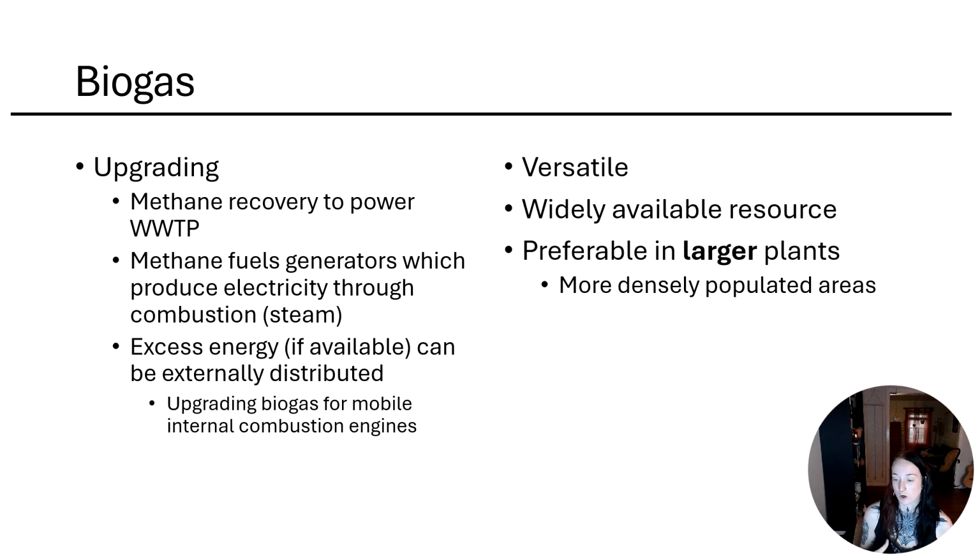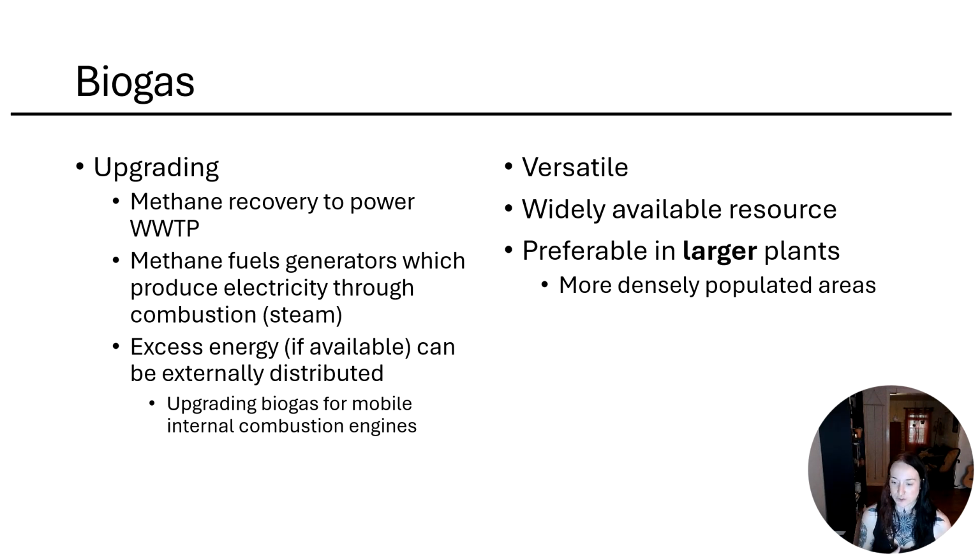So depending on what you want to use the biogas for, it may need to go through upgrading, which is just taking that mixture that you have of gases, that is predominantly methane, but has those other trace gases and contaminants, and purifying it. There's different ways in which you can do this, such as amine scrubbing.